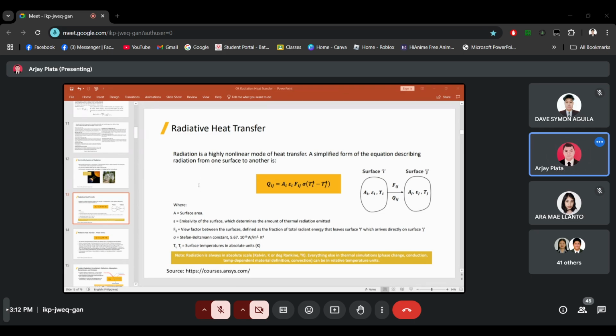Yung ating function, r of x, ay nag-take ng form na c e raised to ax. Sabihin na natin na 5 e raised to 2x So, ang magiging assumed solution natin will be the same function with the R of x. Okay, I found it in the Wikipedia, but I'll try to So, ang ating magiging assumed find solution another is source. a e raised to 2x. Yung a na yan, yun yung hanapin natin mamaya. And then, kung may napapansin kayo Okay, dito, anyway, so I'll just naka-multiply po yung check. x I'll raised. just take it this value.